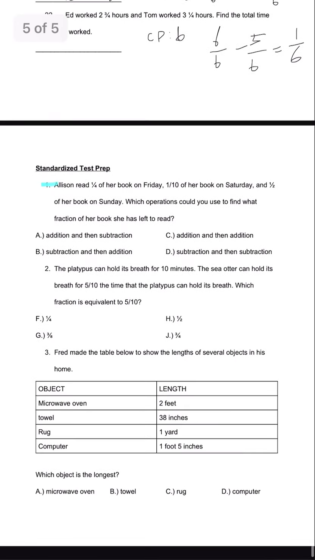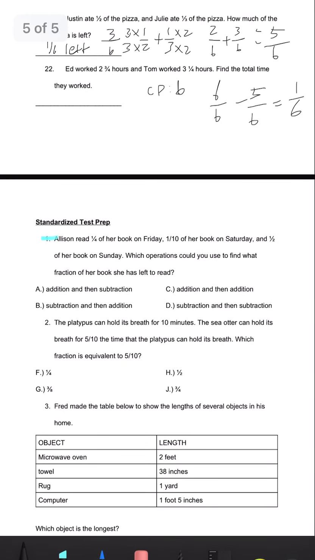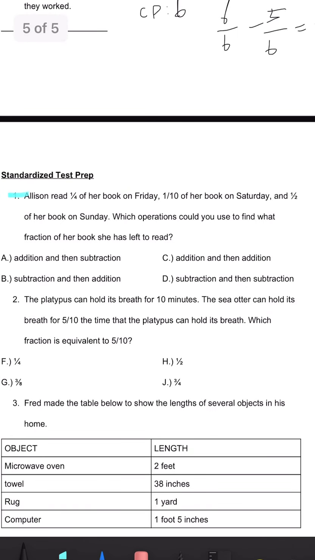Okay, let's go on to number 1 on standardized test prep, the last page. Allison read 1/4 of her book on Friday, 1/10 of her book on Saturday, and 1/2 of her book on Sunday. Which operations could you use to find what fraction of her book she has left to read? So just like the last problem, in order to find out how much she has left to read, we want to see how much she read already.